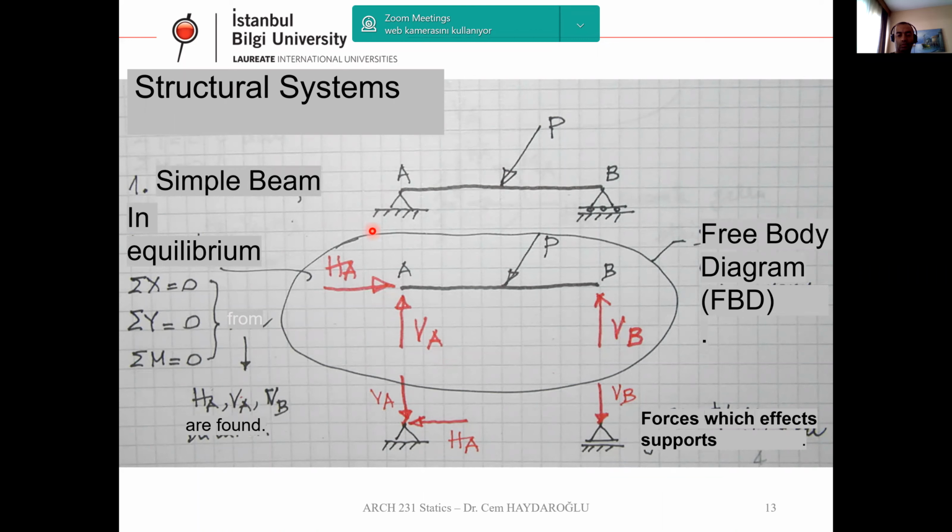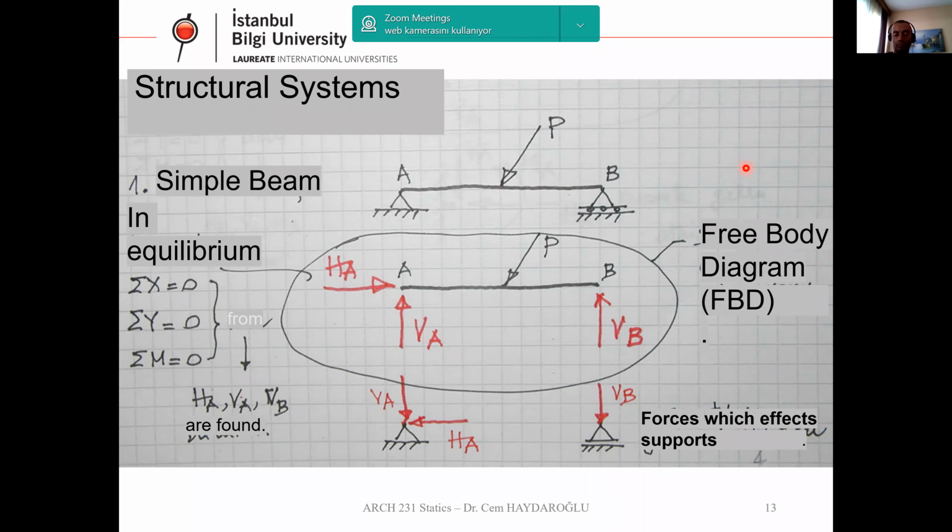We put two support reactions here. And for B, which is roller support, we put only one support reaction. This is our structural system. So we have to calculate this HA, VA, and VB.